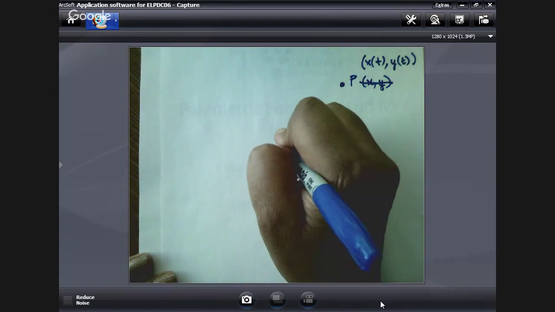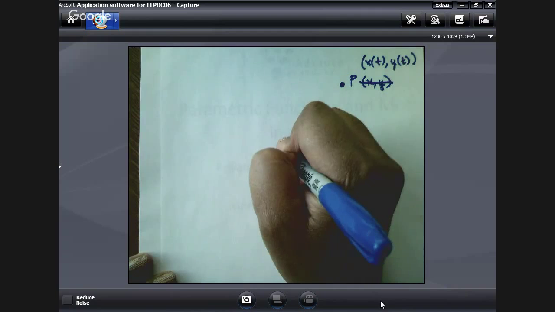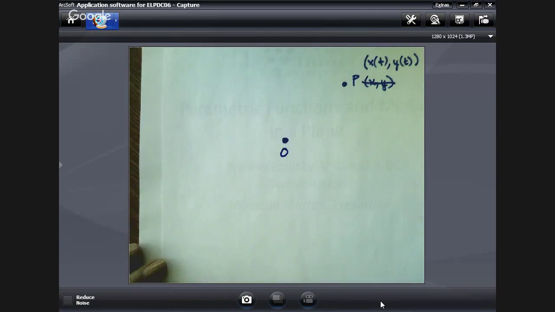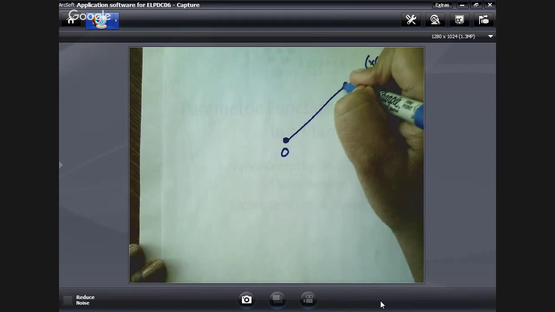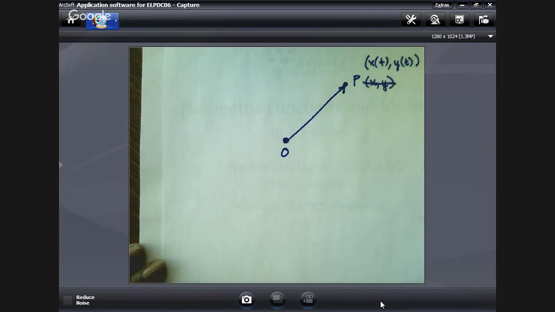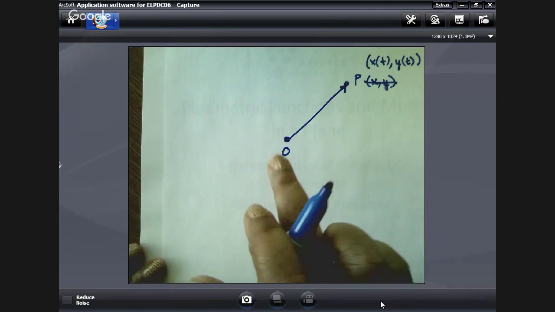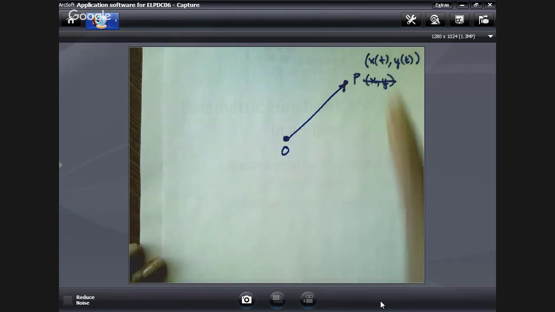So let's say where you came from is some point down here that I'm going to call O for origin. And so depending on the path, where you are right now, the distance between these 2 points creates this vector that shows where I started and where I am right now.